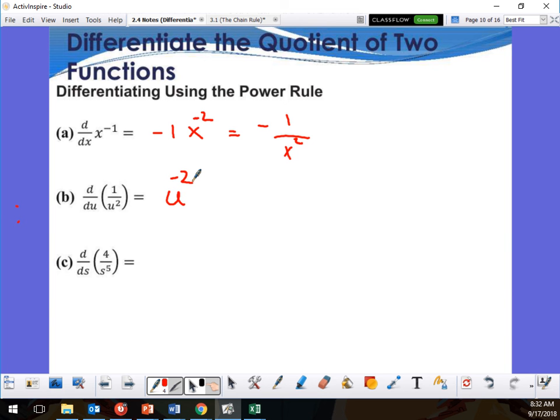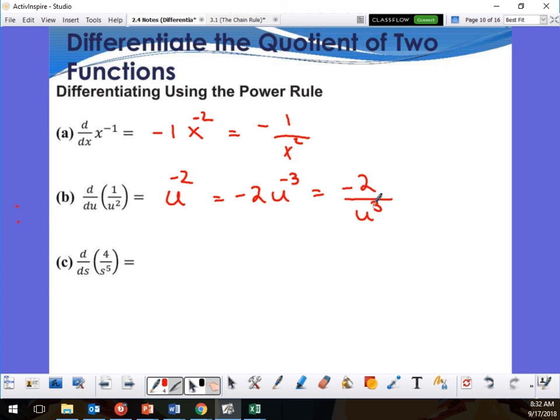So I'm rewriting it first so I can do my derivative. I rewrite it with a negative exponent, so now I can go ahead and do my derivative. So my derivative would be negative 2 u to the negative 3, right? And now clean it up. Negative 2 over u to the positive 3.